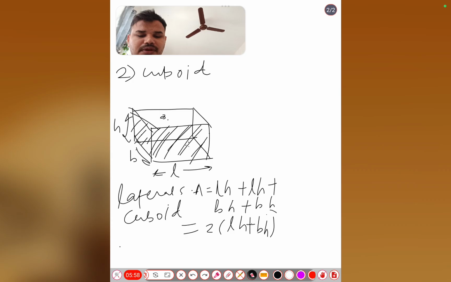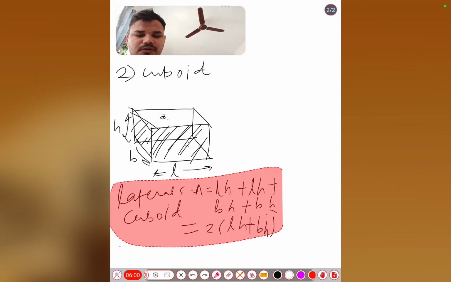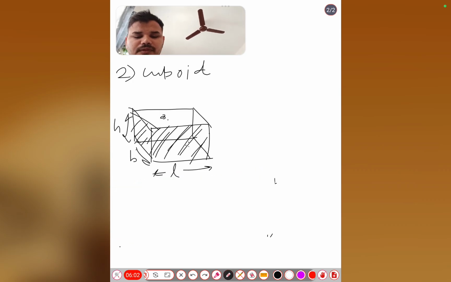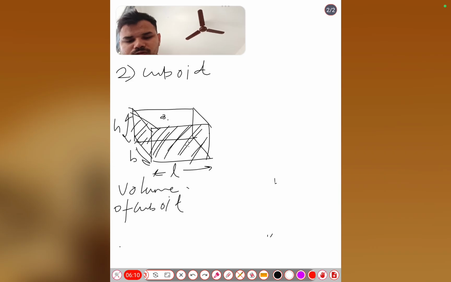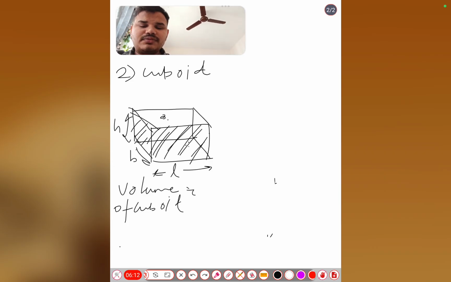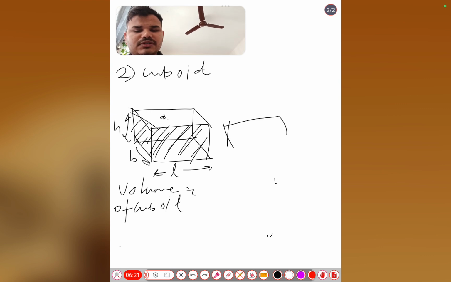Now if you want to find out the volume, the volume is nothing but the capacity. The volume of the cuboid is based on the three dimensions: length into breadth into height.